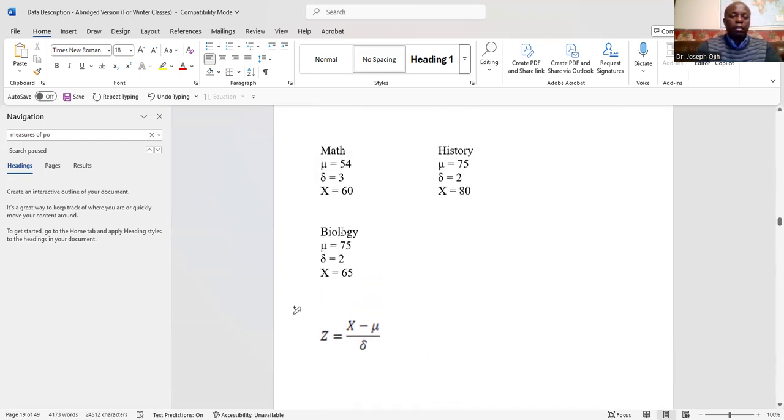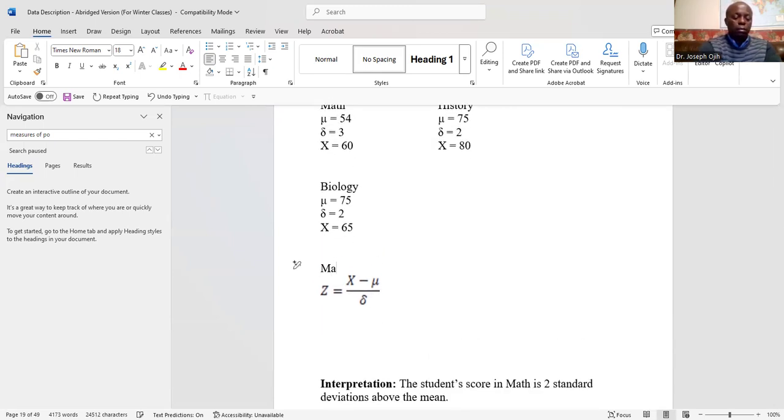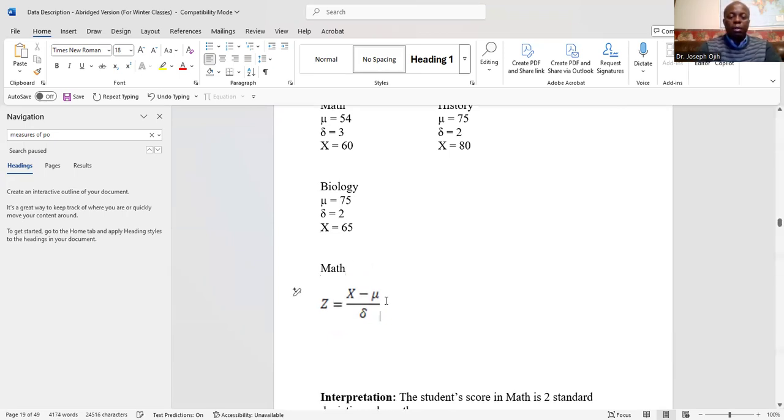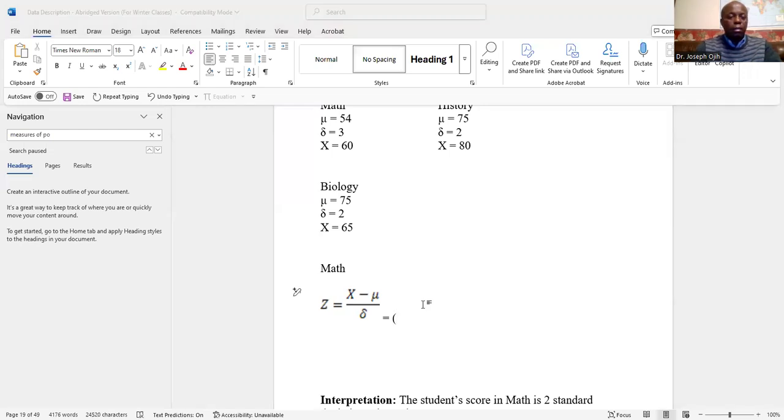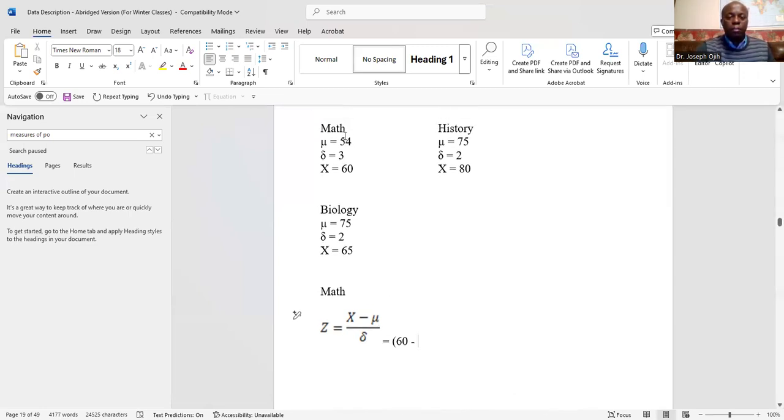For maths, X is 60 minus the mean of 54, you can see 54 for maths, divided by the standard deviation of 3.